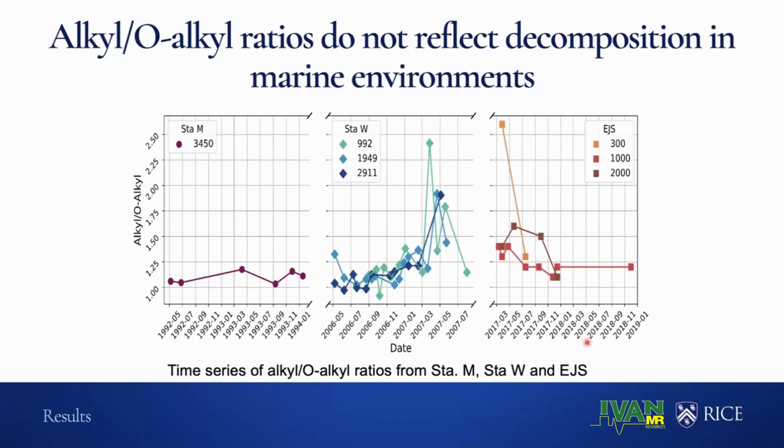We do not see any obvious trends among the depths, which suggests that the LQ-OLQ ratio probably does not reflect the decomposition state in marine environments. The large seasonal change we observed for the surface sediment samples for both station W and the East Japan Sea is ecologically driven by the lipid pump, not by degradation.